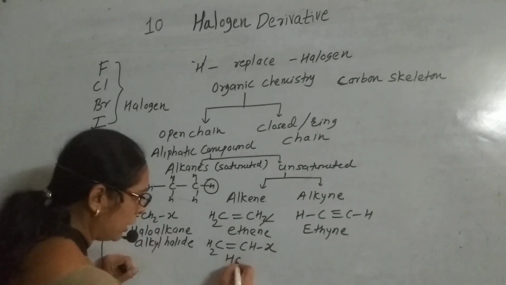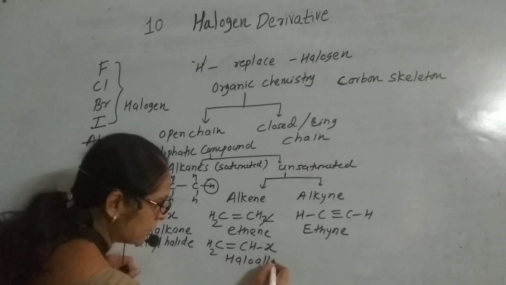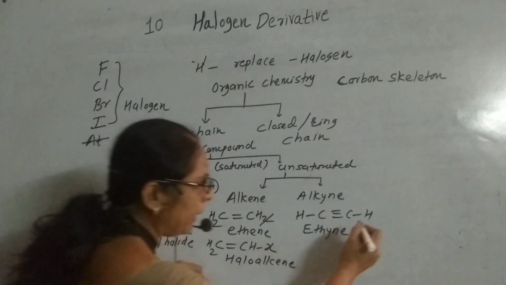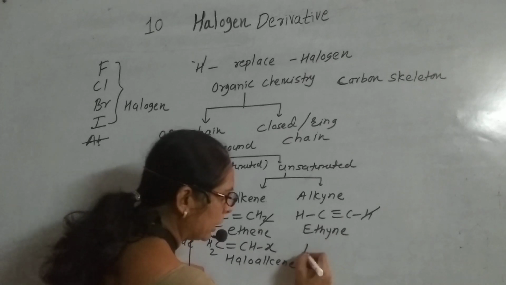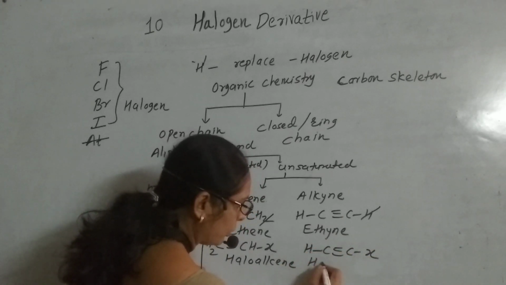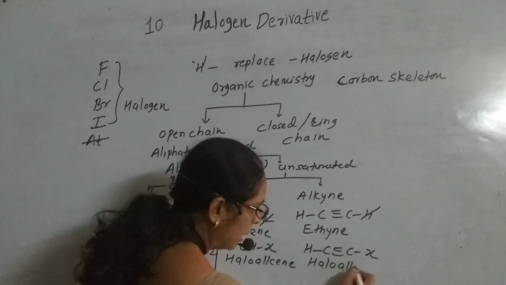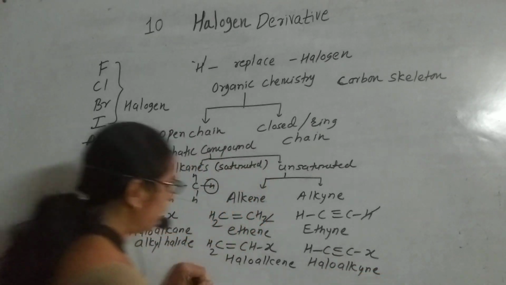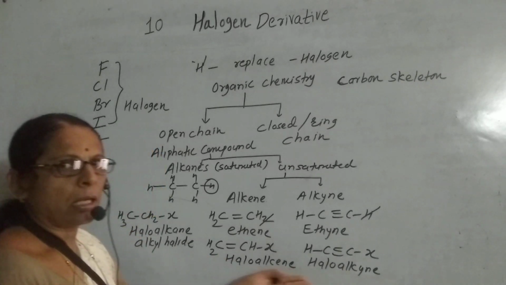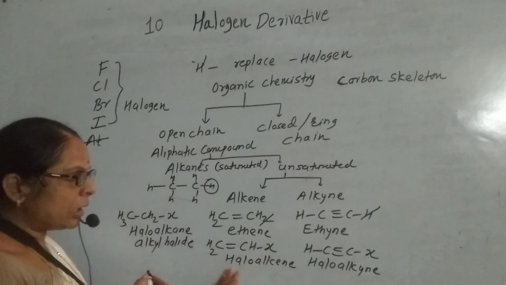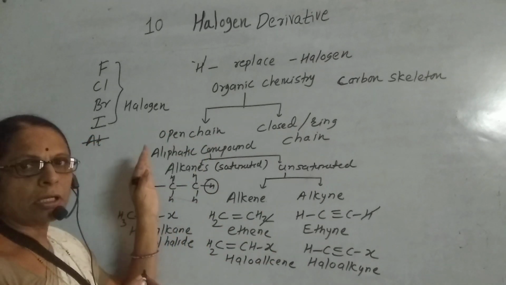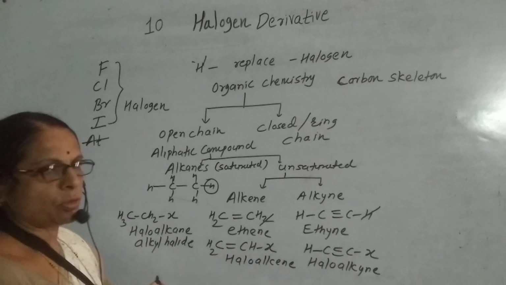Here I get haloalkenes by replacement of one hydrogen. If I replace one hydrogen from an alkyne, I get this compound, which is called haloalkyne. So remember, haloalkanes, haloalkenes and haloalkynes are the halogen derivatives of open chain compounds. They are aliphatic, either saturated or unsaturated.